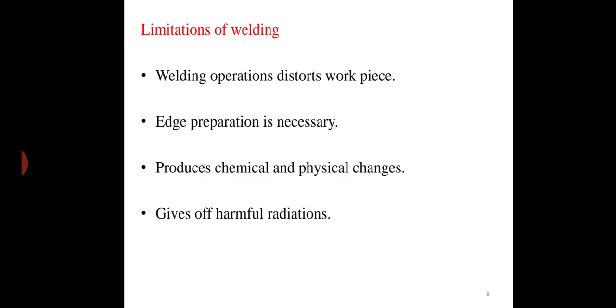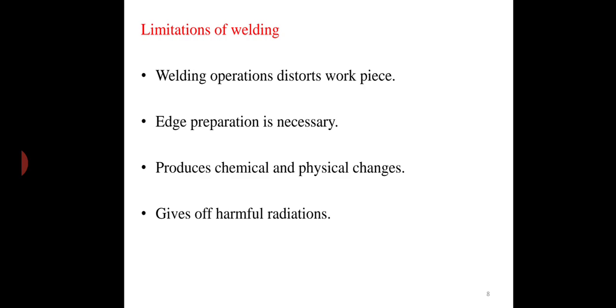Edge preparation is required, a very specific preparation for the specimen or the workpiece. It produces chemical and physical changes, and it may give off some harmful radiations. It can also cause corrosion for your material or your product.